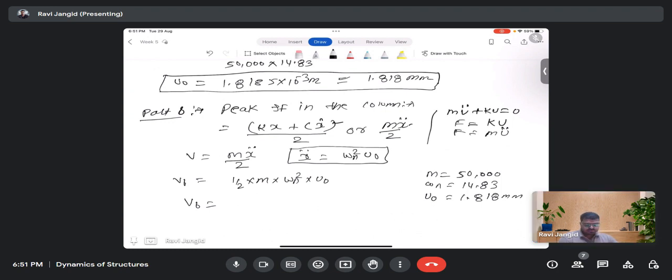Ten into 10 raised to power 6. Please keep in mind u naught is in mm. If you divide by 1000, you will get your answer, I think.